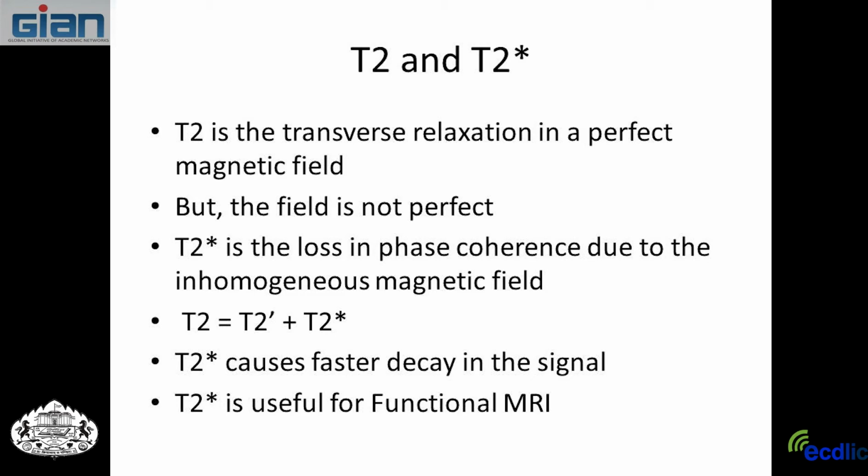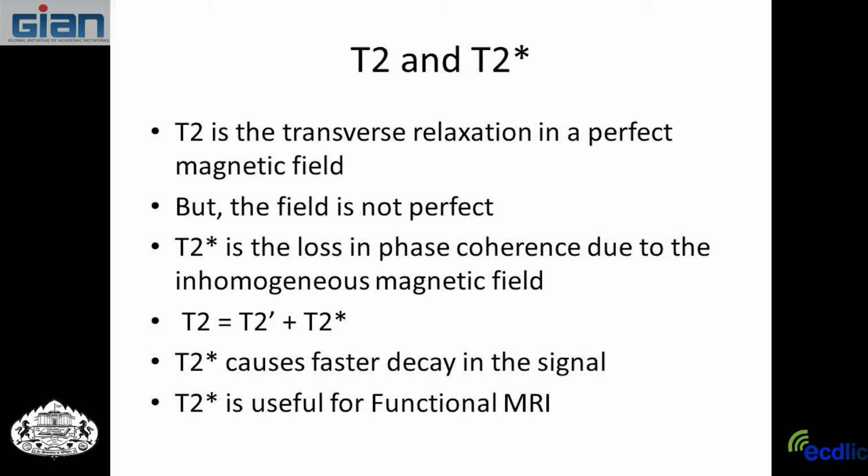So T2 star is actually equal to T2 prime, that's our perfect transverse relaxation, plus the relaxation caused by the inhomogeneities of the field.